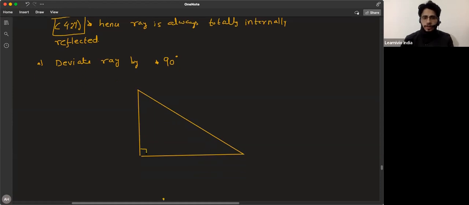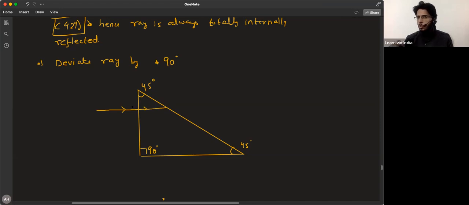This angle is 90-degree. This is 45-degree. This is also 45-degree. I incident a light ray here normally. See, the light ray which is going normally will not undergo any refraction.